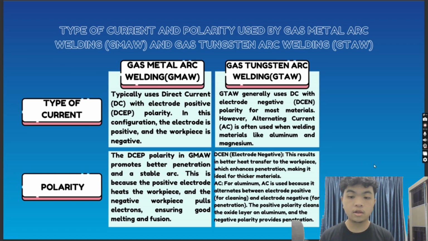For aluminum, alternating current is used because it alternates between electrode positive for cleaning and electrode negative for penetration. The positive polarity cleans the outside layer on aluminum, and the negative polarity provides penetration.